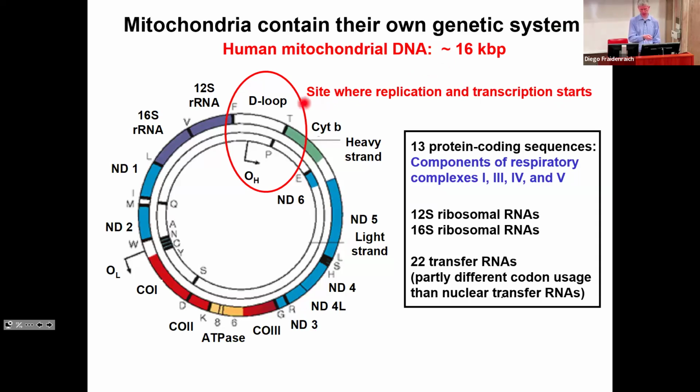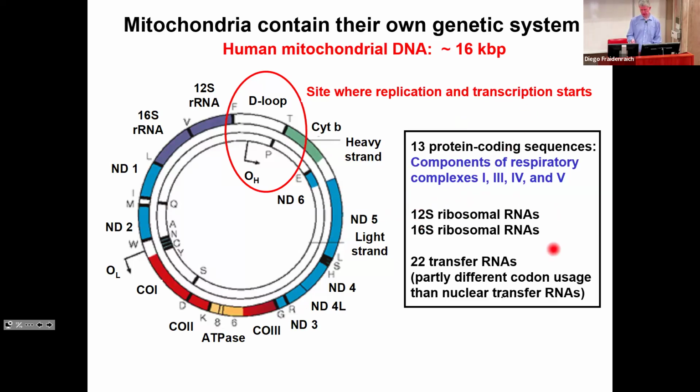One messenger RNA would be formed, and that would be split up into smaller parts. For example, 13 proteins of the respiration complexes would be encoded by mitochondrial DNA. The other parts of the respiration complexes are all encoded in the nucleus.